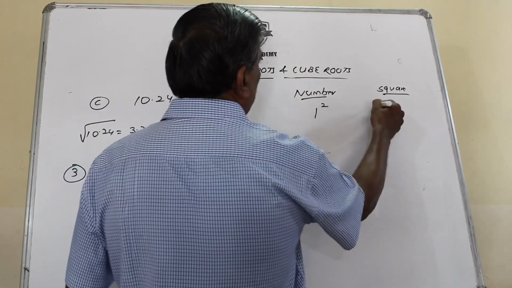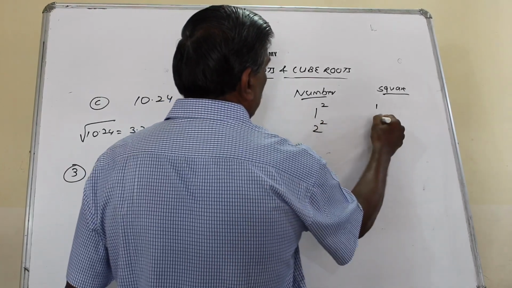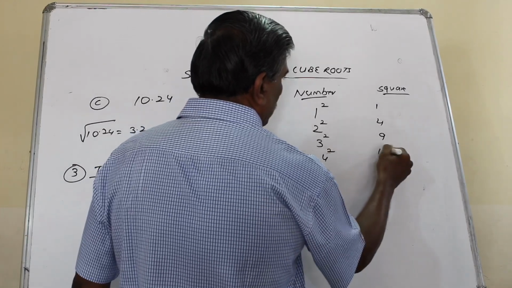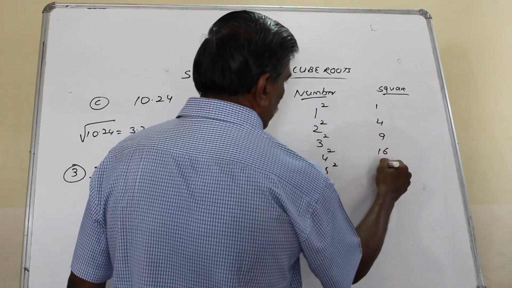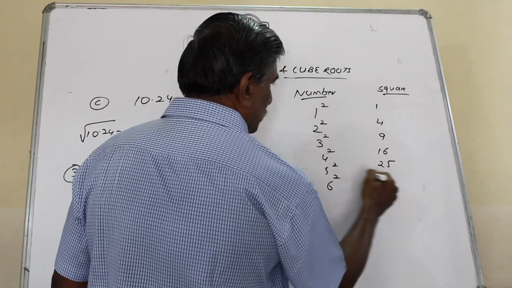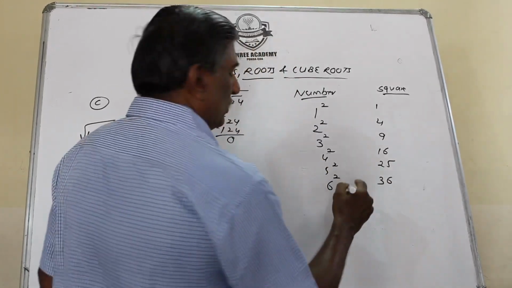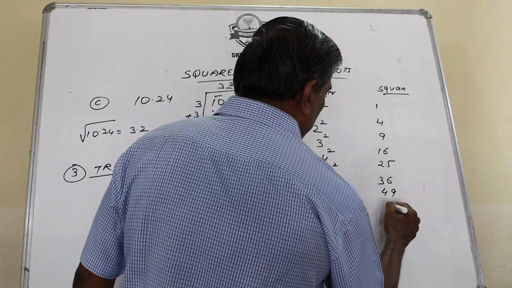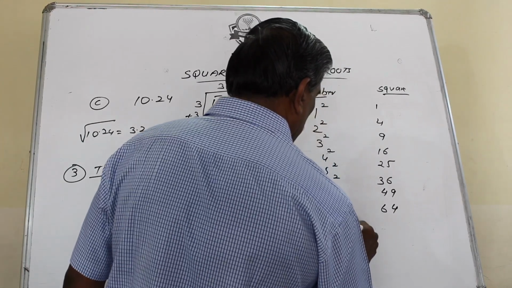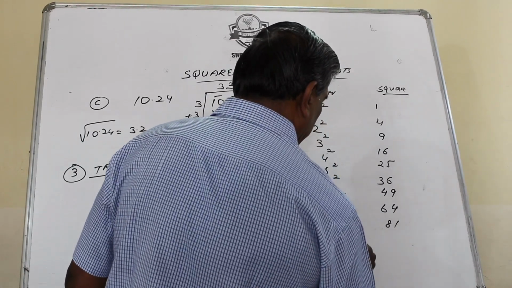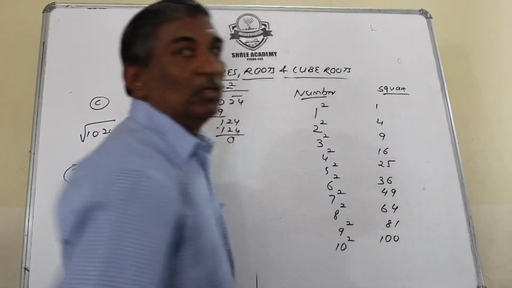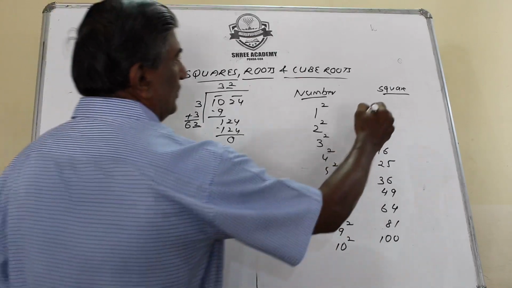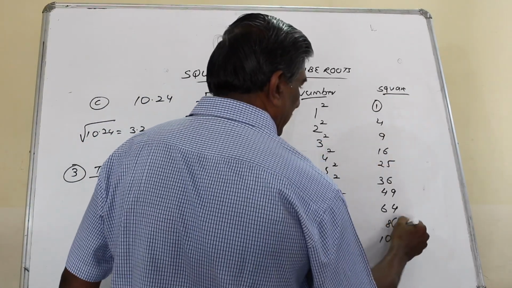So 1 square means 1, 2 square means 4, 3 square means 9, 4 square means 16, 5 square means 25, 6 square means 36, 7 square means 49, 8 square means 64, 9 square means 81 and 10 square means 100.